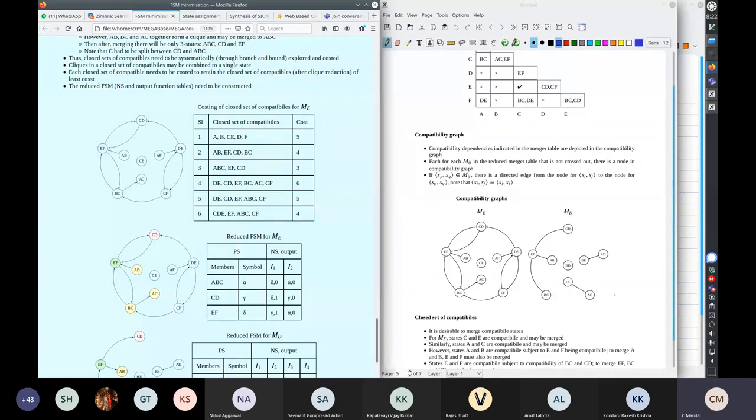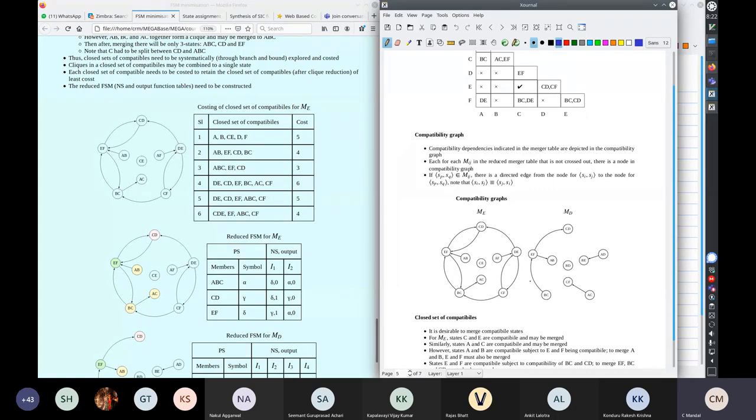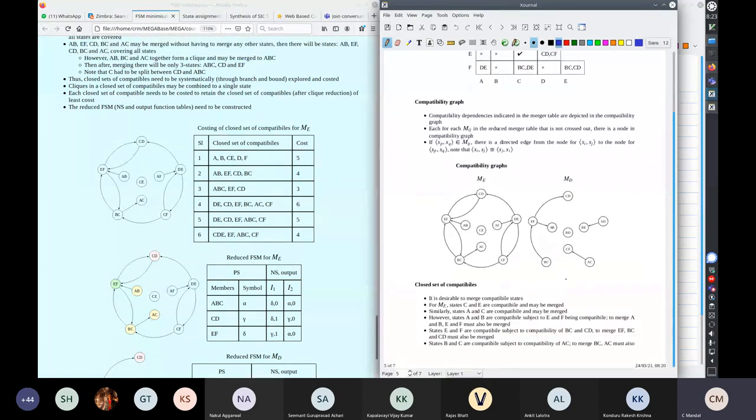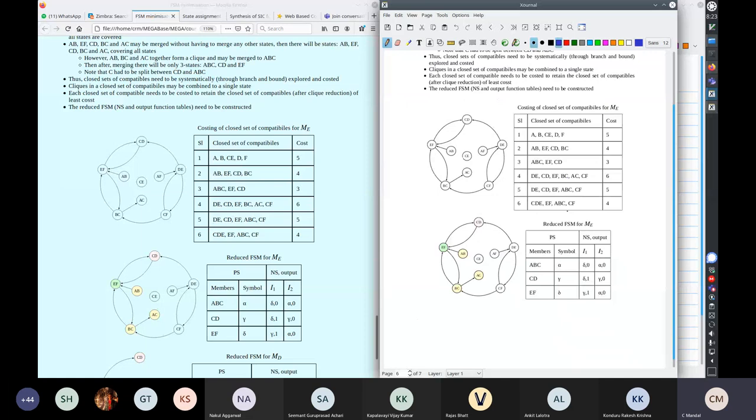So here we have taken, if we take only CE, as you have seen here, you have the closed set of compatibles. CE is the standalone compatible, and then you can choose not to merge anything else. That is one option, and that has a cost of 5.